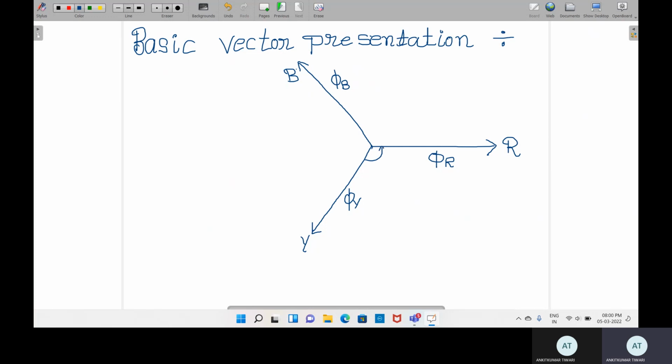This is 120 degree displacement. This is also 120 degree displacement. This is also 120 degree displacement.